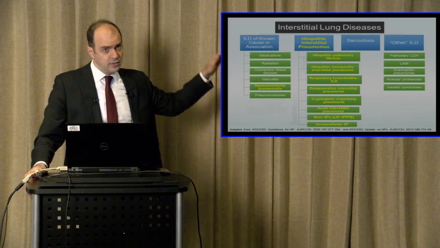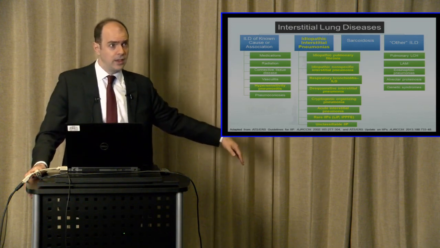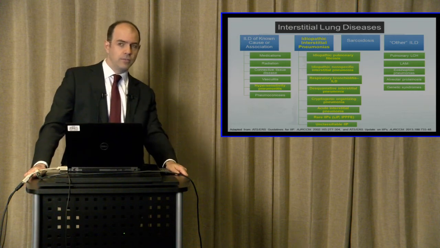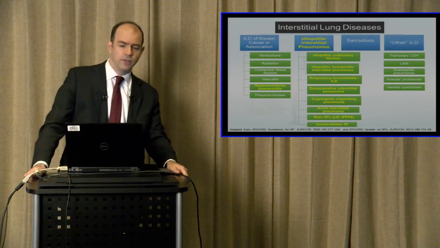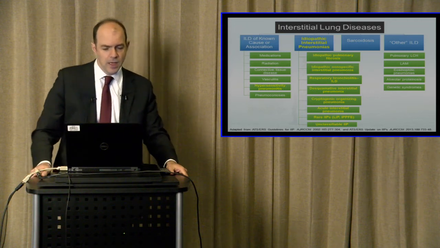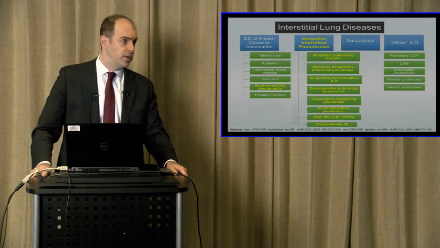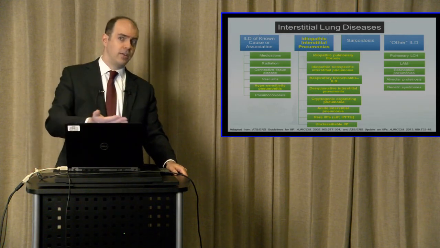And then that second column, these are all the idiopathic diseases. Those also should be on the differential. And most important would be the first two. First one is idiopathic pulmonary fibrosis that I mentioned. I'm going to talk about it a little bit. And the other is a disease called idiopathic nonspecific interstitial pneumonia, which is really a visual pattern on a lung biopsy.